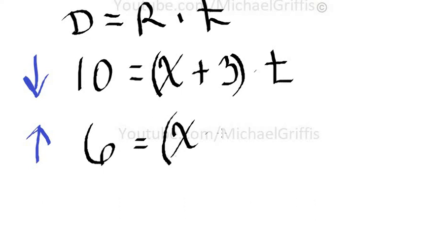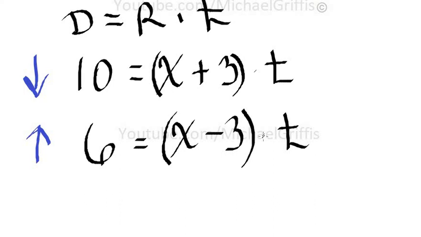But we know this much. He's going up the river, so whatever it is, he's going to subtract off 3, because he's fighting the current. T, we don't know. We just know that it takes the same amount of time going 10 miles down the river as it does going 6 miles up the river.